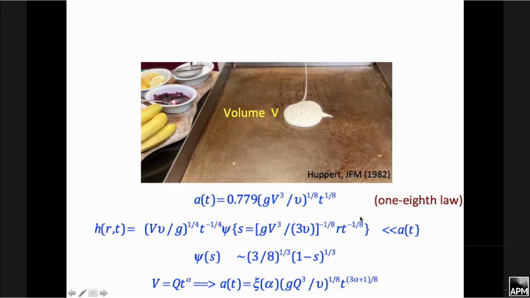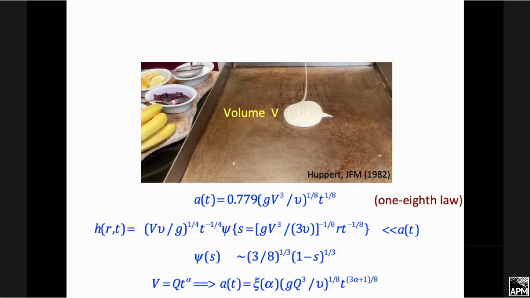Here you see a photograph of a spreading drop. This is actually making a pancake in King's College, Cambridge, and some work from 1982. And so I often think that must have been my mother who wrote that paper. I'm surely not that old.